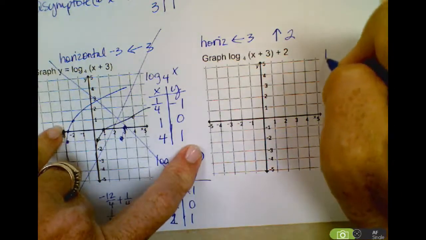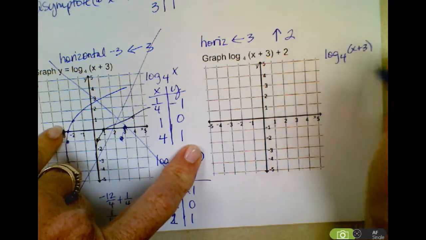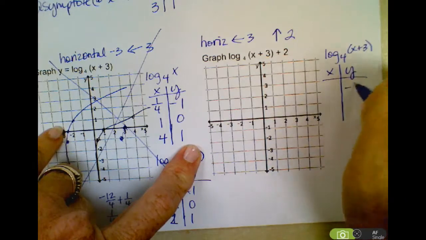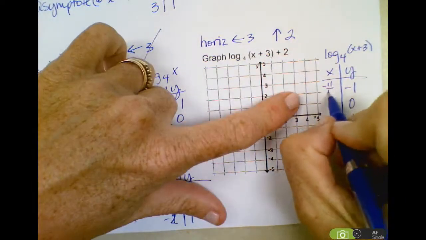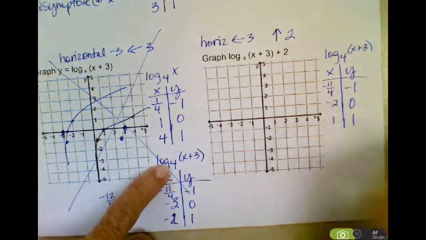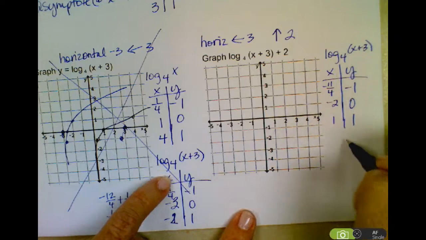So our log 4 to the x plus 3 coordinates were, nothing in our y's had shifted, but these were negative 11/4, negative 2, and 1.